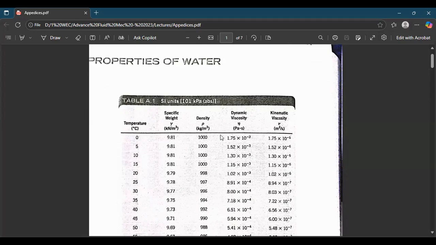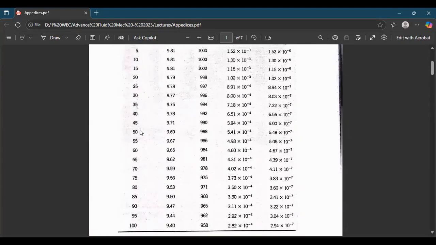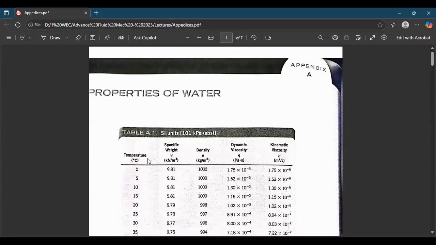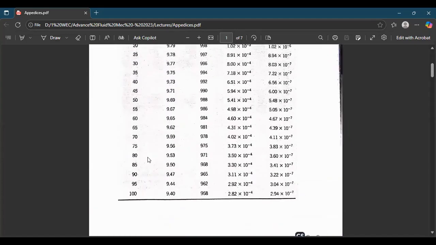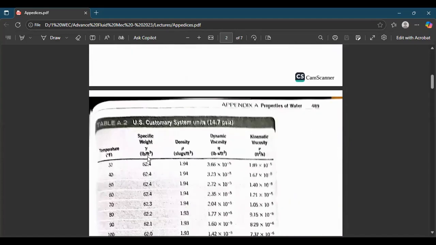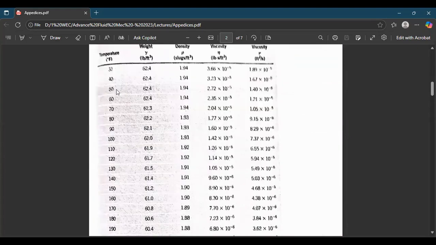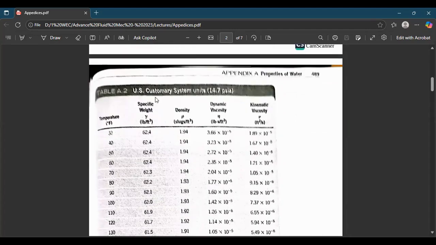We have the table of water from temperature 0 to 100 in degrees centigrade, and also in Fahrenheit. From appendix A2 we have the values in degrees Fahrenheit in the US customary system, like specific weight, density, dynamic viscosity and kinematic viscosity. So let's move on to the main lecture.